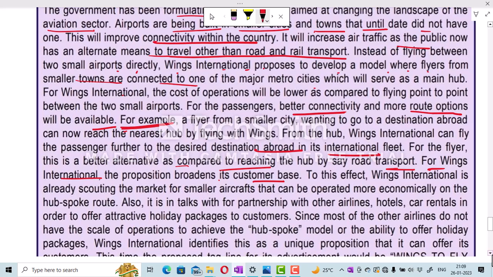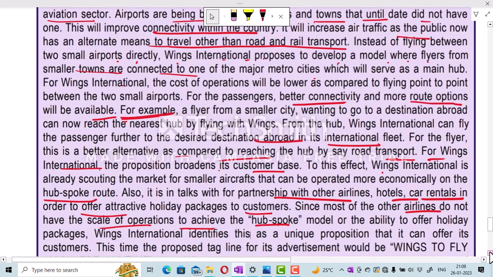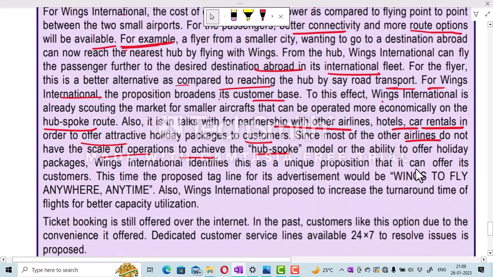To this effect, Wings International is already scouting the market for smaller aircraft that can be operated more economically on the hub spoke route. Also, it is in talks for partnerships with other airlines, hotels, and cars in order to offer attractive holiday packages to customers. Since most of the other airlines do not have the scale of operations to achieve the hub spoke model or the ability to offer holiday packages, Wings International identifies this as a unique proposition that it can offer its customers.